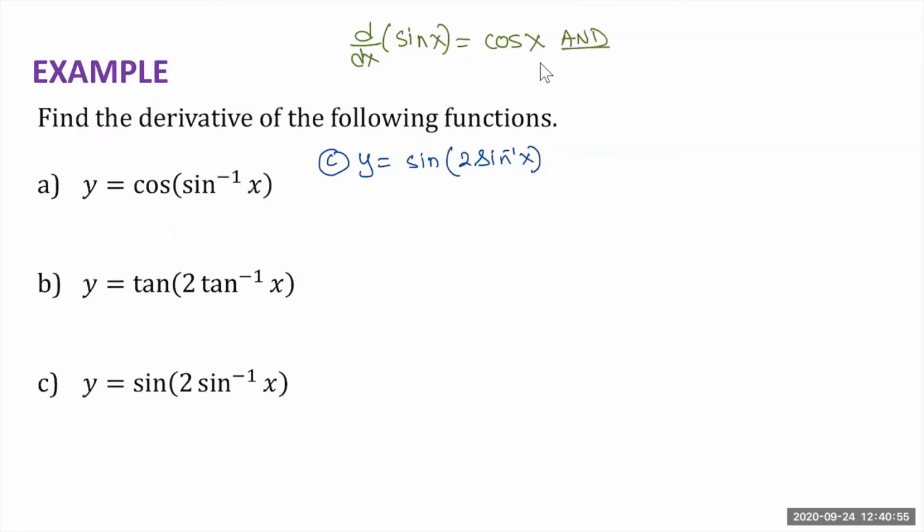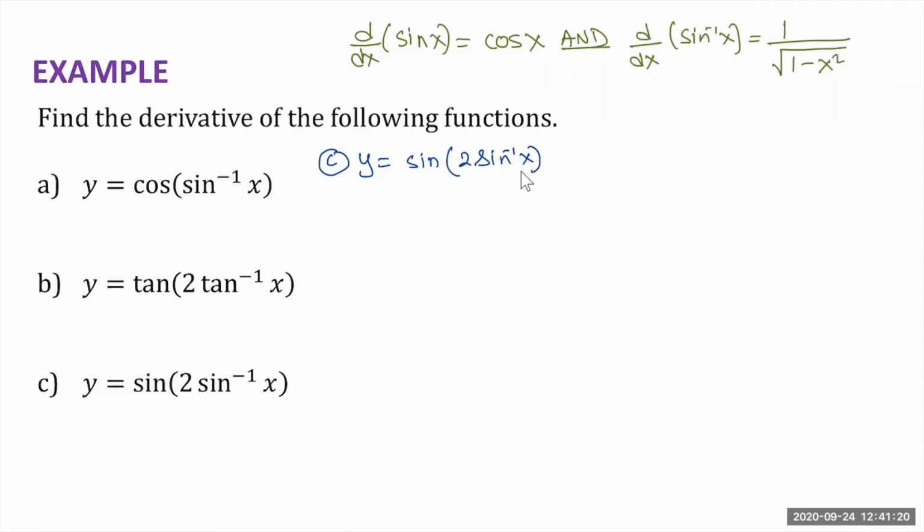And the derivative with respect to x of the inside function. For the inside function, there is sine inverse x. So we'll be using that formula. The derivative of sine inverse x is 1 over the square root of 1 minus x squared. So let's use the rule here and also the formulas. You can see y equals sine of 2 sine inverse x.